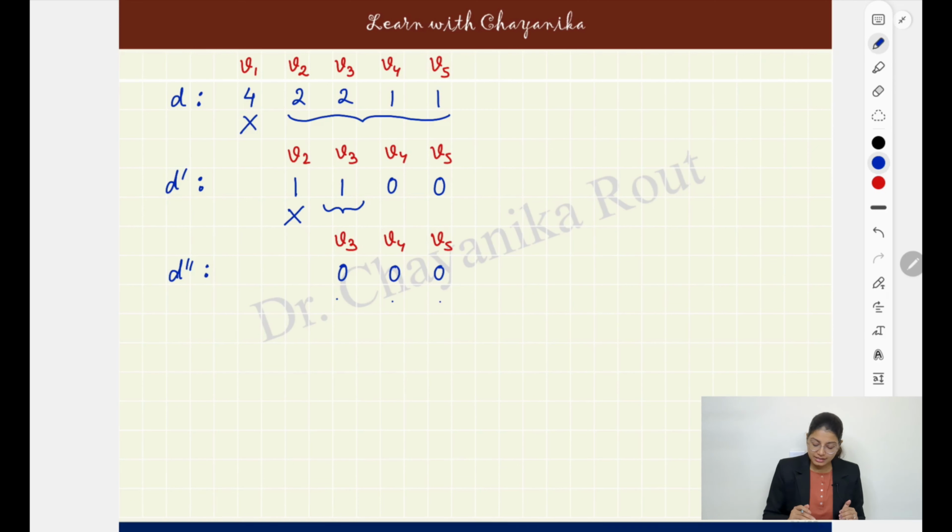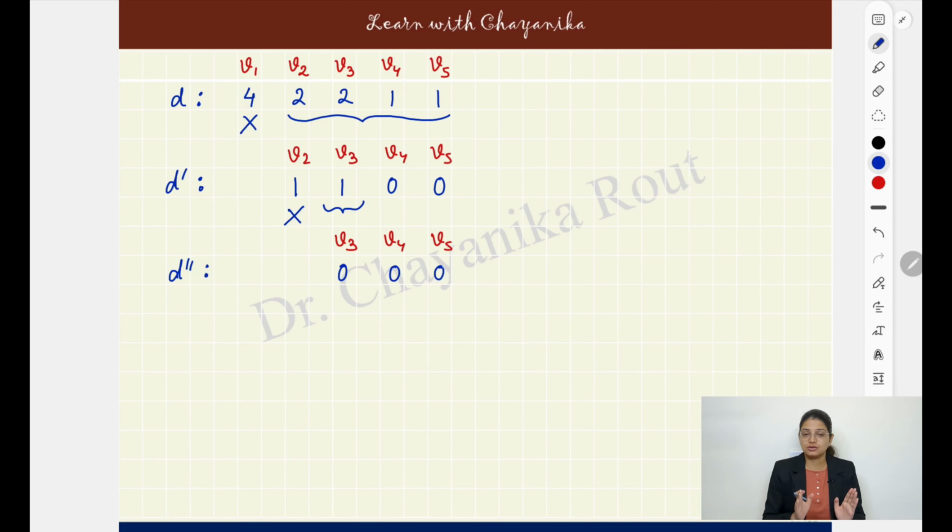So if a simple graph can be drawn with this sequence D double dash, then definitely a simple graph can be drawn with the sequence D dash also, then definitely a simple graph can be drawn with the sequence D also. That is the Havel-Hakimi theorem. So if D double dash is graphical, that means D dash is graphical, that means D is graphical. So our original sequence is graphical because this sequence D double dash is graphical.